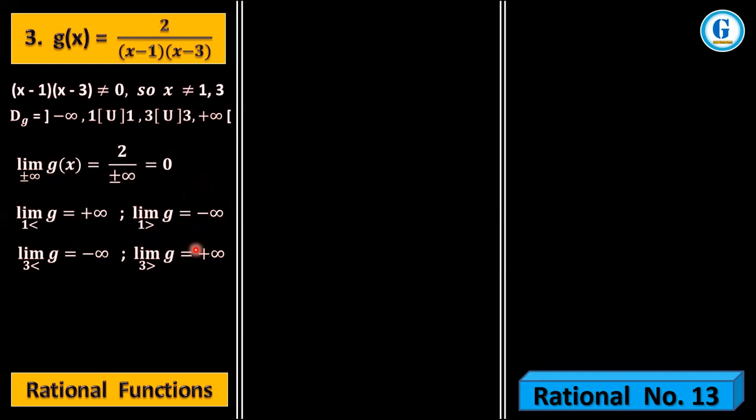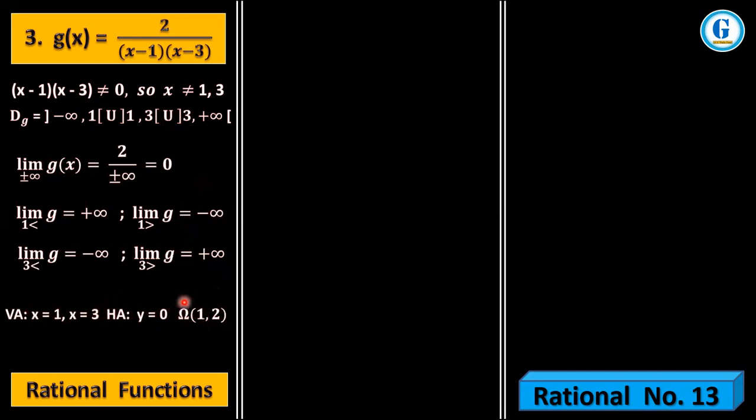Now we can state our asymptotes. How many vertical asymptotes do we have? We have 2 vertical asymptotes, x equals 1 and x equals 3. You can see that from the domain of definition. The horizontal asymptote from limits is y equals 0. Now the center of symmetry: since we have 2 vertical asymptotes, the x value of the center of symmetry will be the average of these 2.